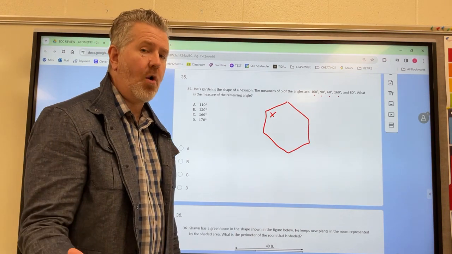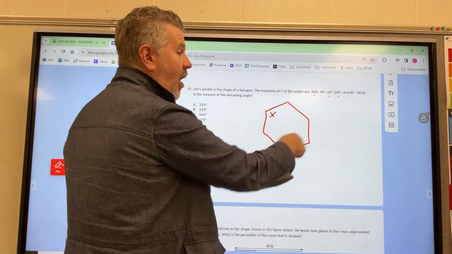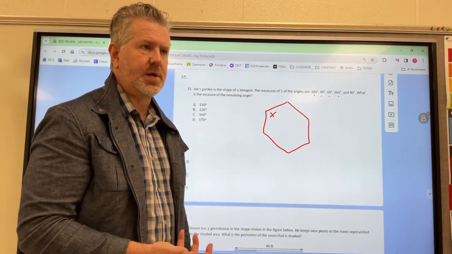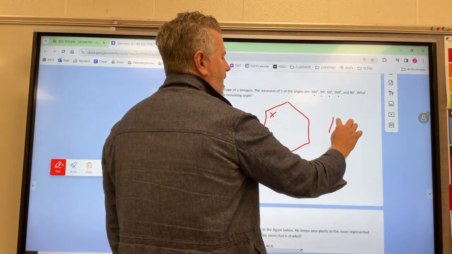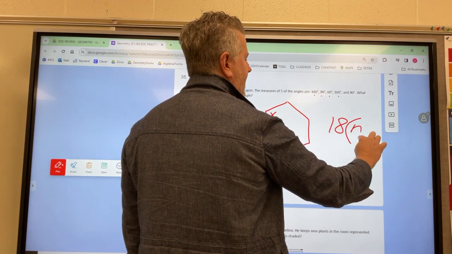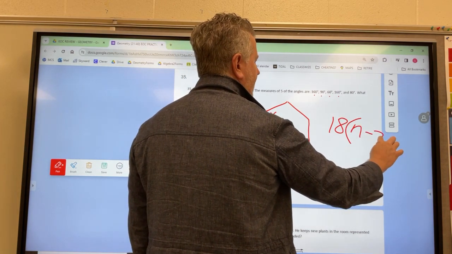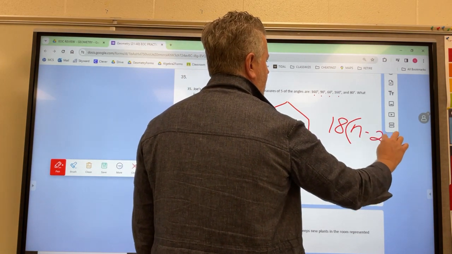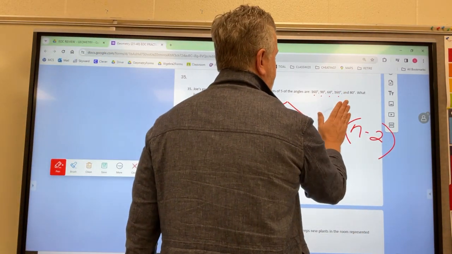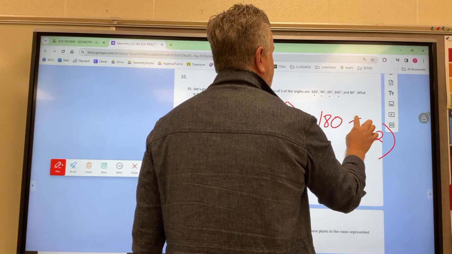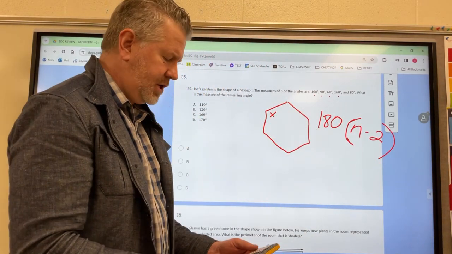Well, what do they all add up to? That's the question. What do all the angles in a hexagon add up to? All the angles in a polygon add up to 180, not 18, Mr. Pierce, 180 times n minus 2.